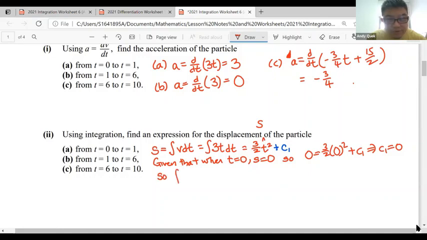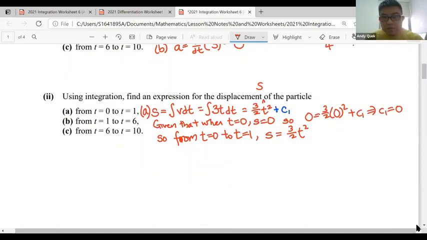So from t equals to 0 to t equals to 1, the formula for s is 3 over 2 t squared plus 0. So that answers part A.